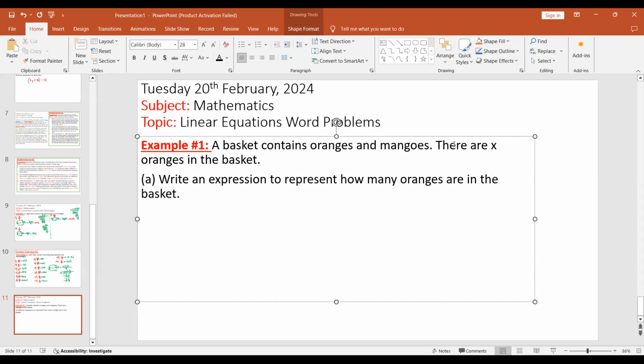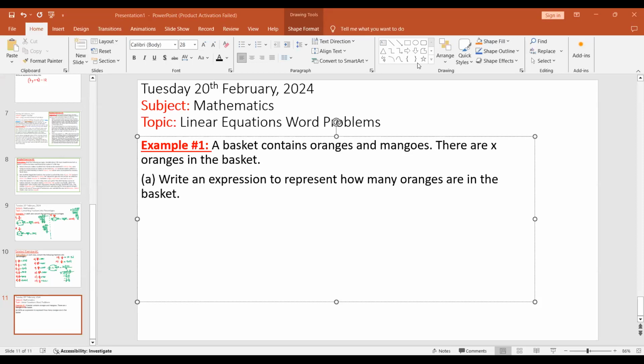Okay, so here we have a basket, and class, it's a question to everyone. Name the 2 fruits that are inside of this basket. Oranges and mangoes. Very good. Now, based on the question, we have 2 fruits, oranges and mangoes. But do we know exactly how many oranges and mangoes we have?